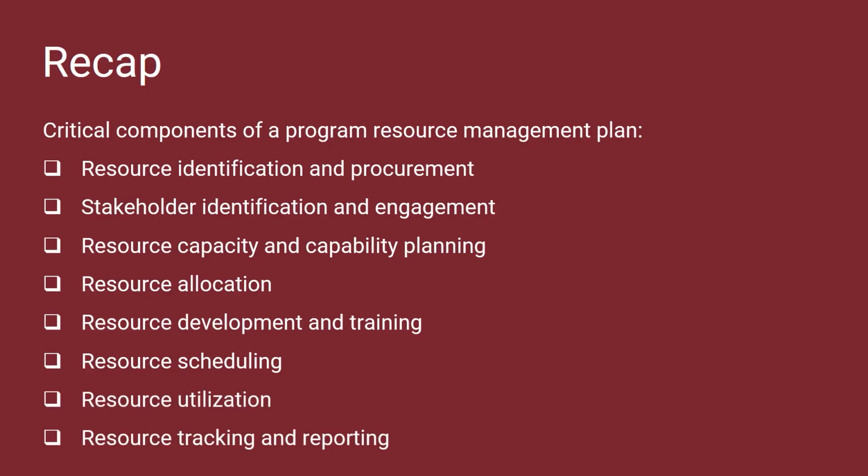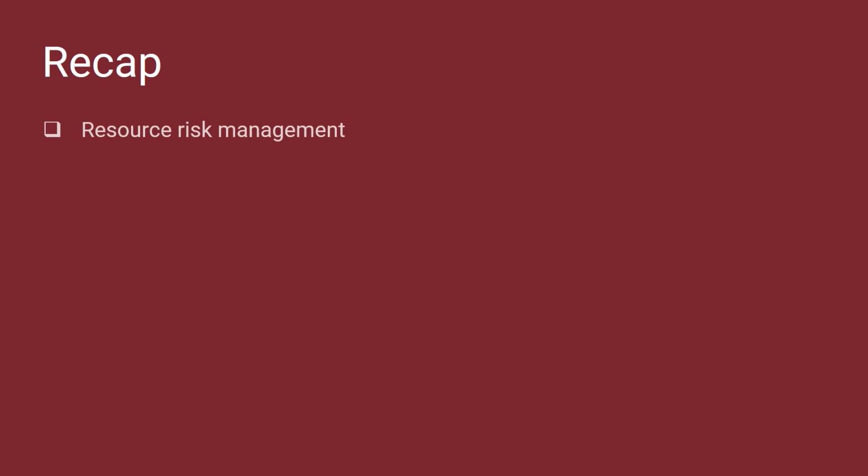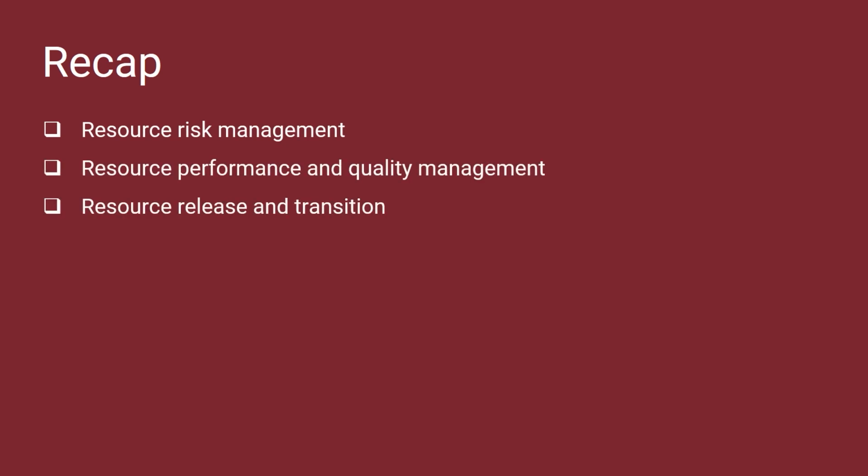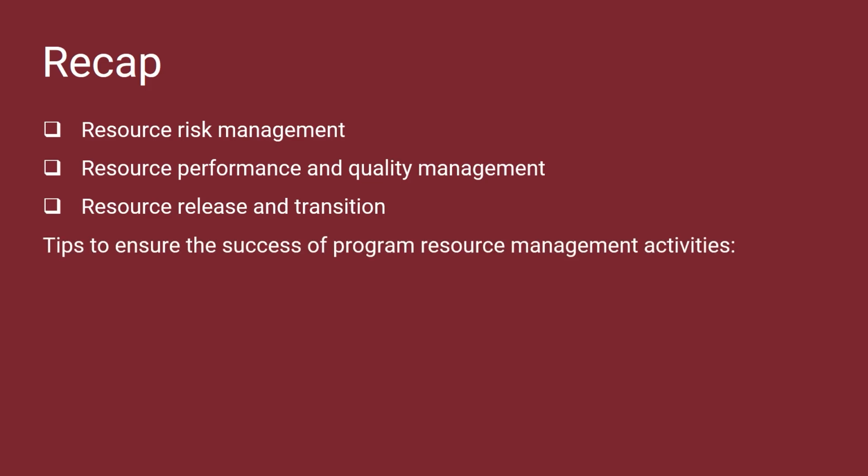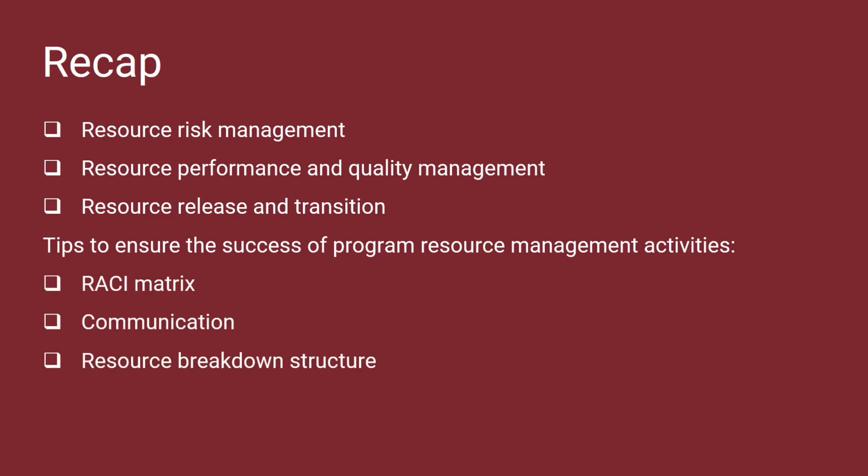A practical resource management plan includes resource risk management, performance, quality management, and resource release and transition. Some best practices and tips for ensuring the success of program resource management activities include the RACI matrix, communication, resource breakdown structure, earned value, identifying and measuring KPIs, and change management.